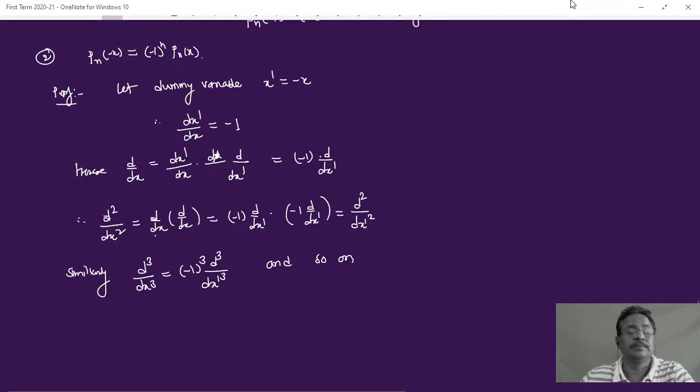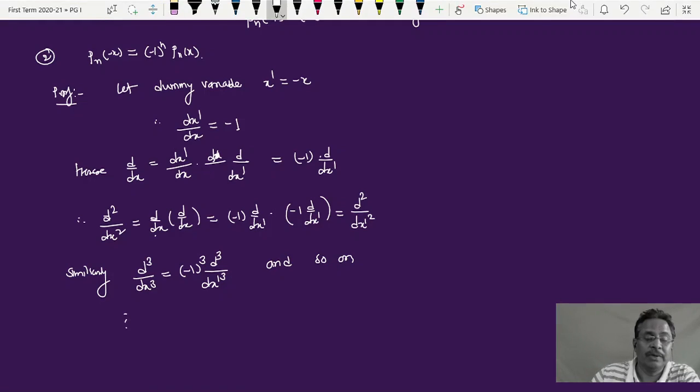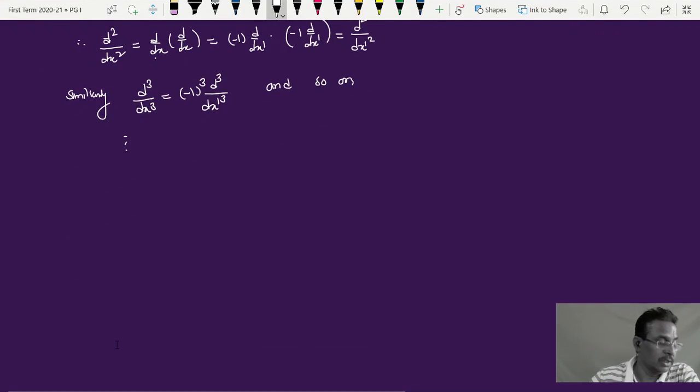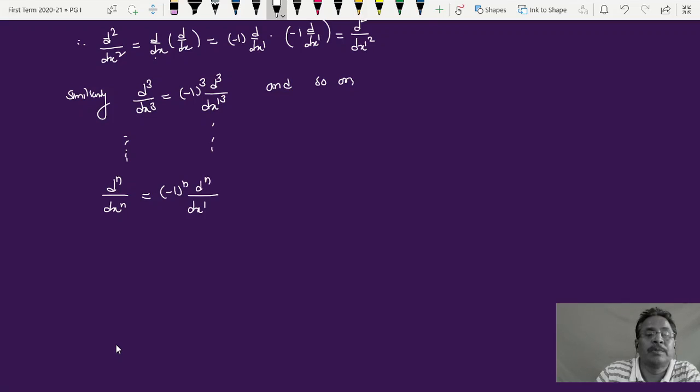Therefore, on both sides, I'll get d raised to n upon dx raised to n is equal to minus 1 raised to n into d raised to n upon dx prime raised to n.